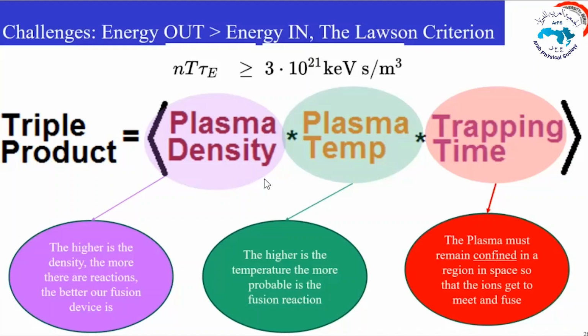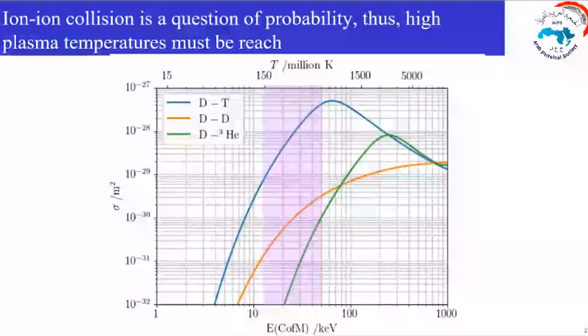That's what you call the triple product. I must have high density, so as to have multiple nuclear reactions. I must have high temperature, so that the two nuclei can actually produce fusion.